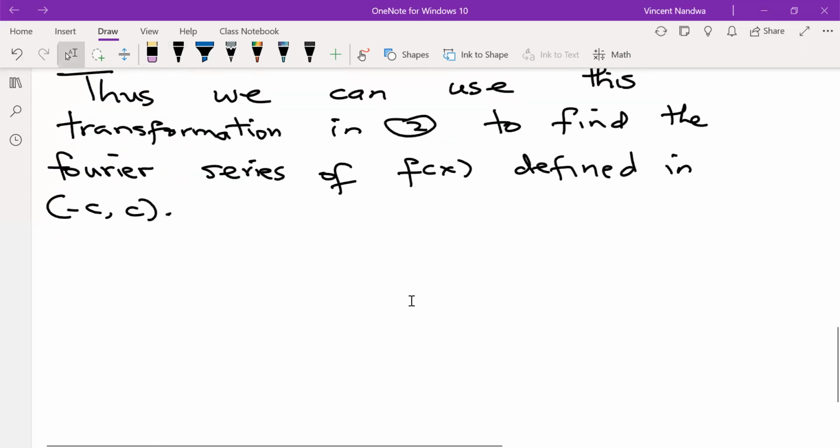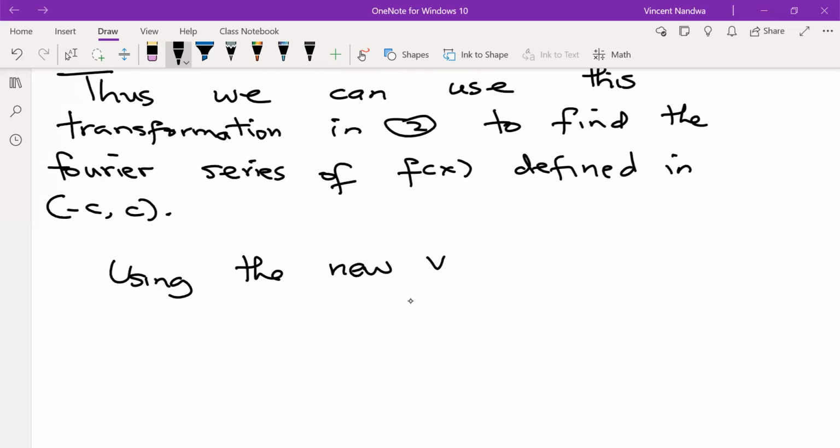So using the variable c, the variable is u.